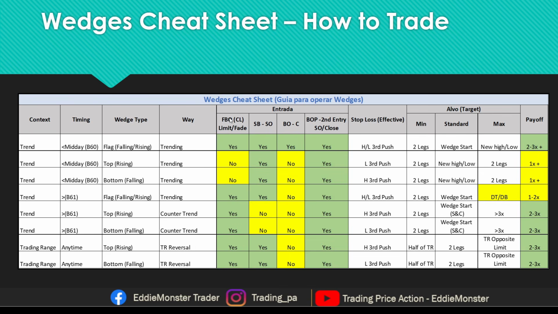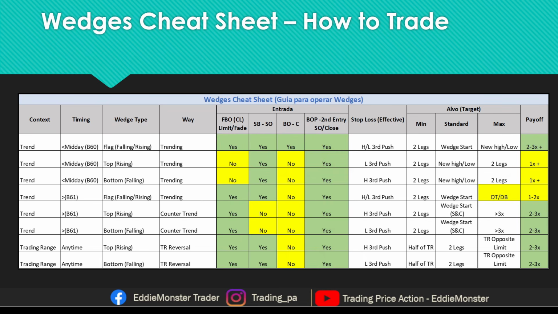We'll see something like that. And then we have an entry of signal bar with a stop order. Okay. We have an entry of the breakout of the flag.